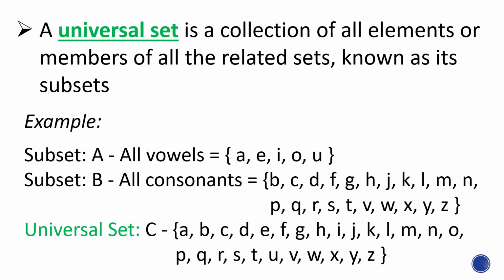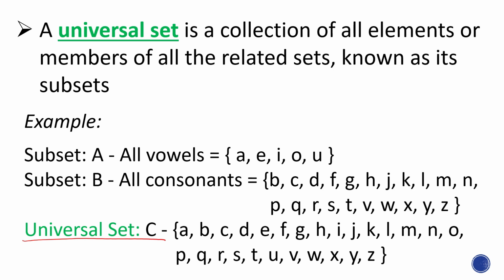Now, there's another set here, which is set C, which is composed of all the vowels and all the consonants, and that's basically all the letters in the English alphabet, and we call that a universal set.